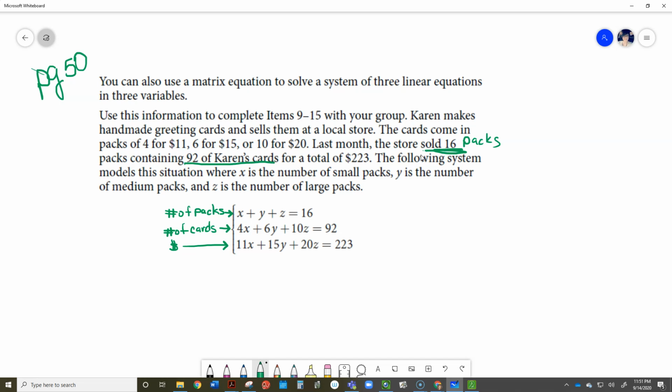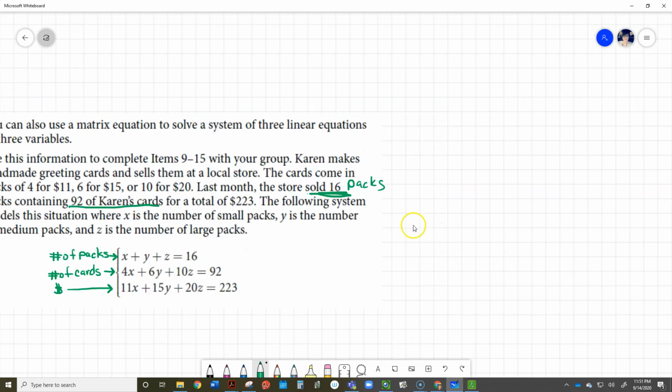So we've got $11 for small, $15 for medium, $20 for large. So each one of these equations, we were counting a different thing. Here we're counting how many packs we have. Here we're counting how many cards we have. Here we're counting how much money we made. And that's a very common theme for these word problems. Okay, and again, you should be able to set up your matrix equation and solve it.